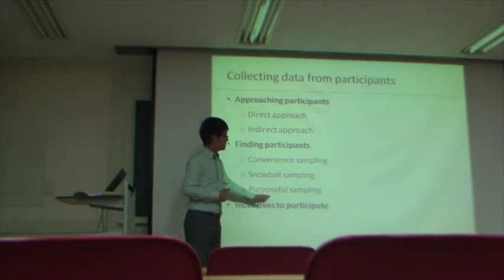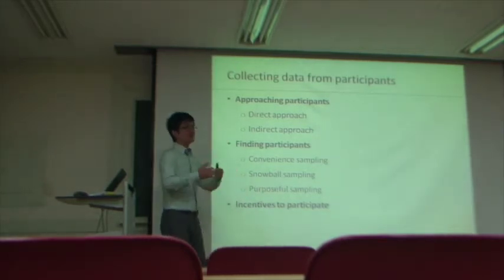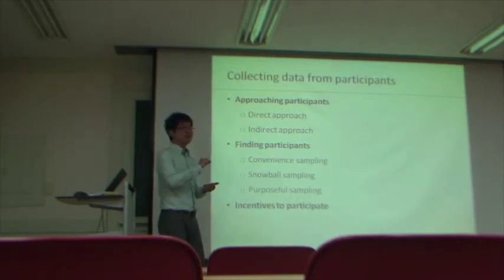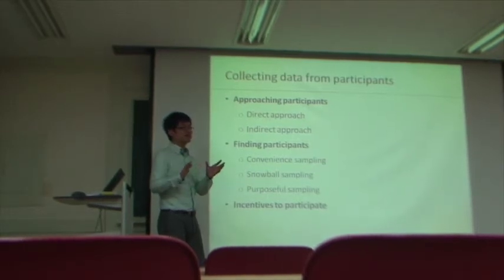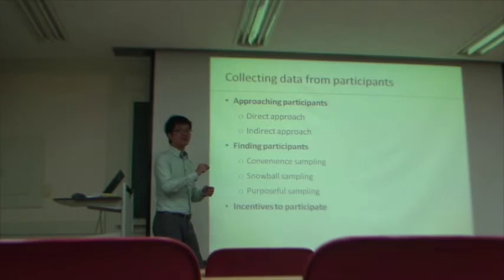Purposeful sampling means that before you start your data collection, you specify the characteristics of your participants. Like if you're focusing on healthcare in an emergency room, or a specific user population, you specify the user characteristics at the beginning.